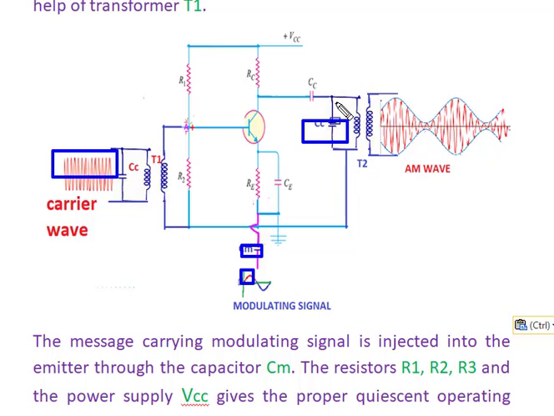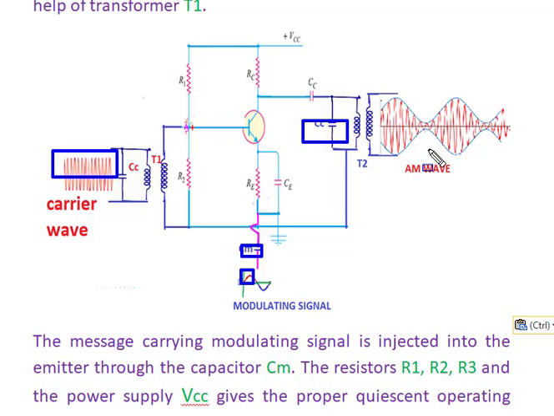So the amplitude modulated wave is now transmitted here. See here the amplitude of the carrier varies. So it generates the amplitude modulated wave.